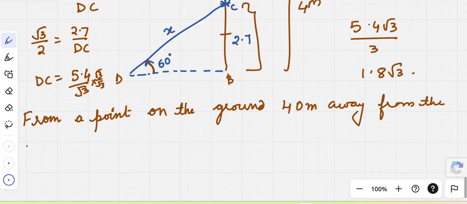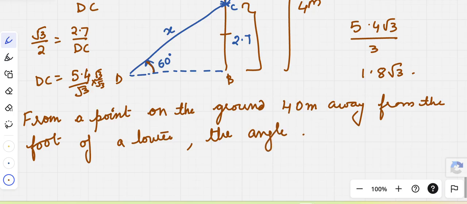Now foot of the tower and all, read properly. The diagram of this one is a little different from what you did till now. Read and do it properly. Has anybody done this chapter in school? No, ma'am.